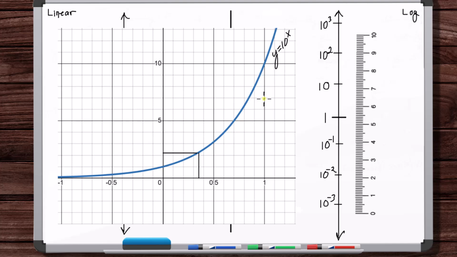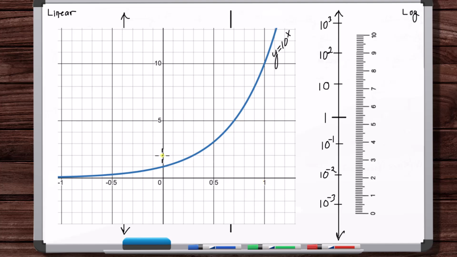The log is saying 10 to what power is equal to 2.25, right? That's what you're asking. You're trying to figure out 10 to what power this x value is going to give me this. And so you get a value, 0.4 something, whatever. That's the percent between the 0th and the first major tick mark, right?